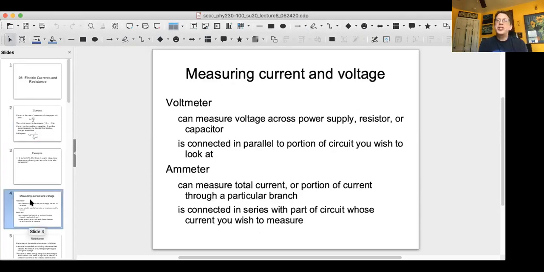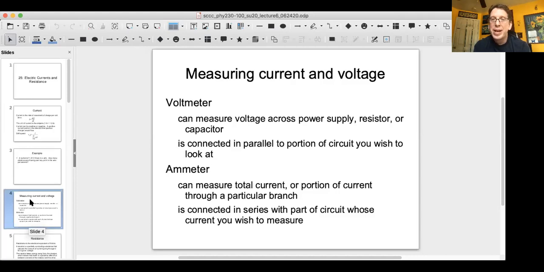Current can be measured using an instrument called an ammeter. The voltage across 2 points in a circuit can be measured using a voltmeter. Ammeters are typically connected in series, meaning that all the current flows through the ammeter. Voltmeters are typically connected in parallel.